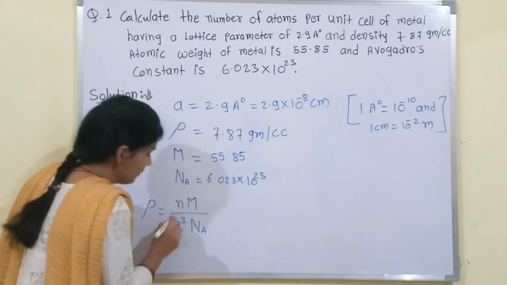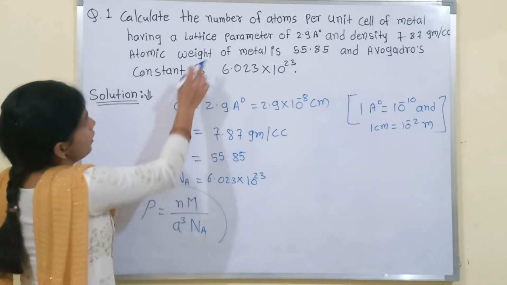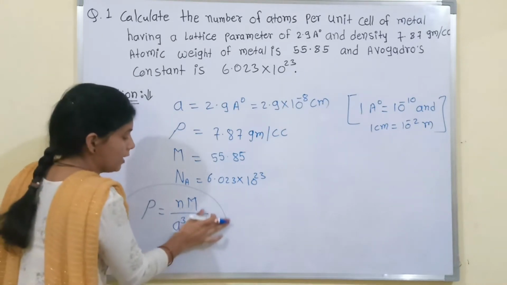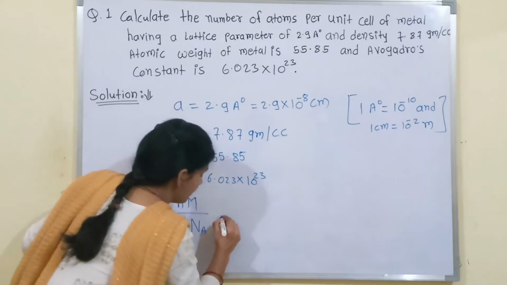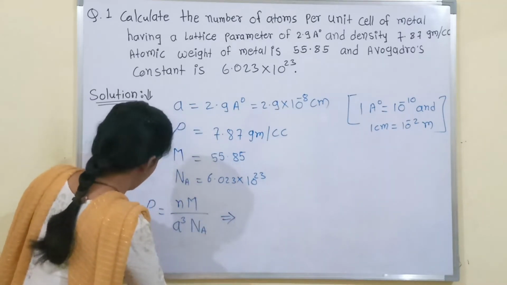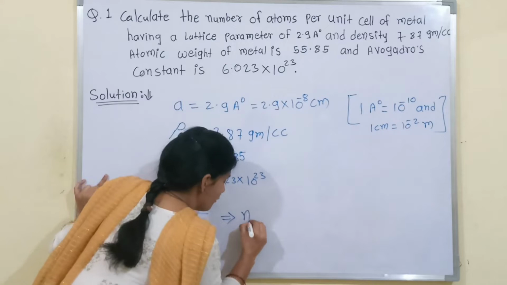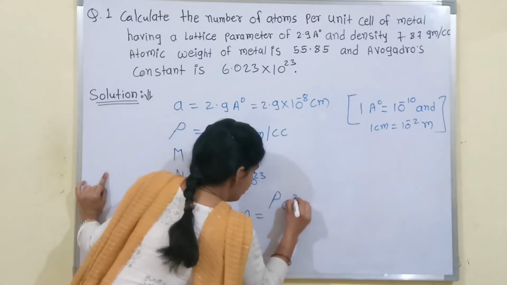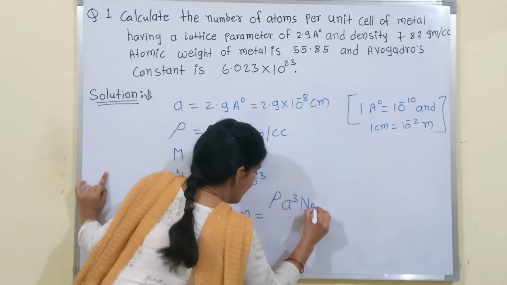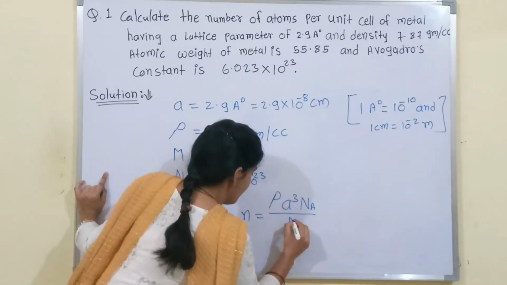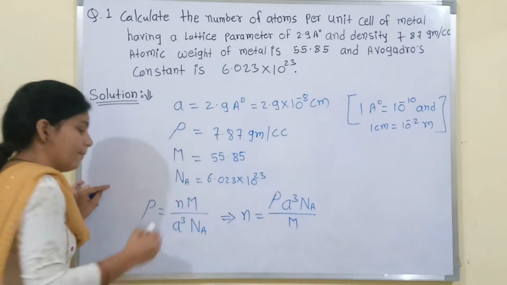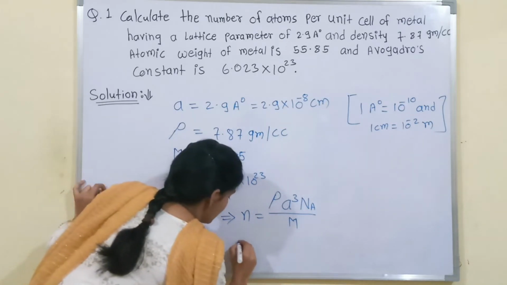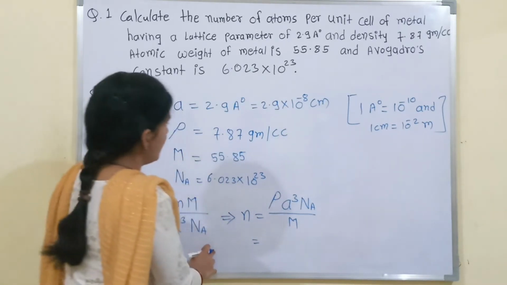But here we have to calculate the number of atoms per unit cell, that means N. So from this formula we can create a new formula, which is N is equal to rho a cube Na divided by M.